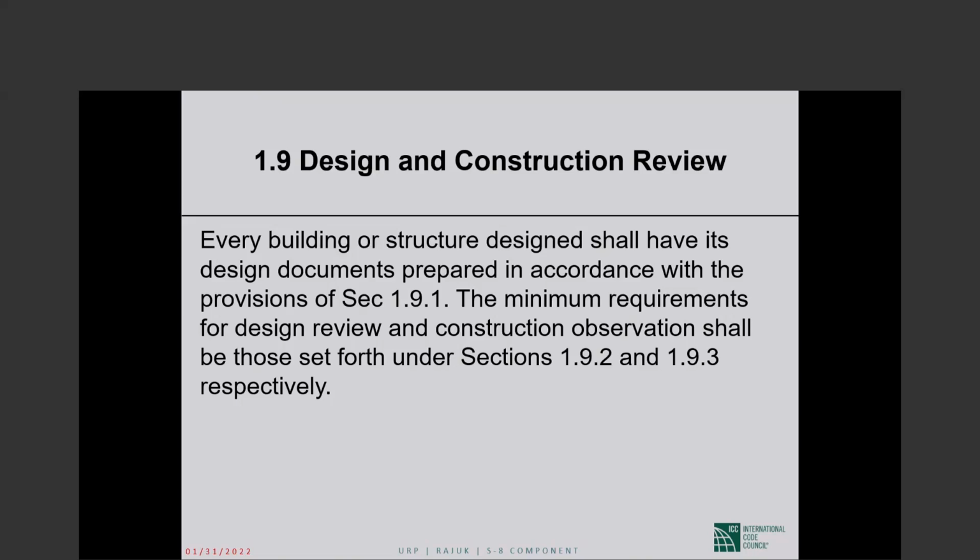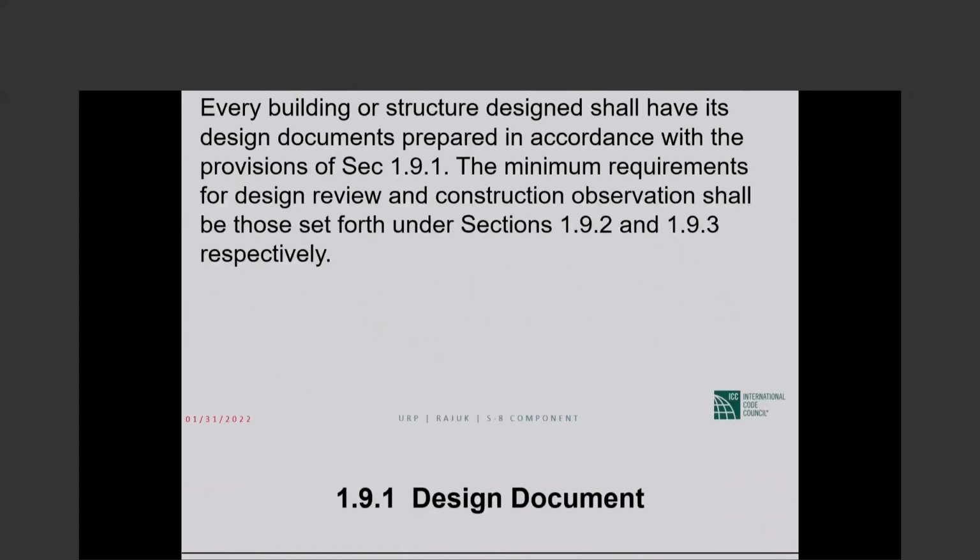So we are talking about two things: design review and construction observations shall be those set forth under 1.9.2, 1.9.3 respectively. Okay, so design documents prepared in accordance with 1.9.1, design review in accordance with 1.9.2, construction observation in accordance with 1.9.3.